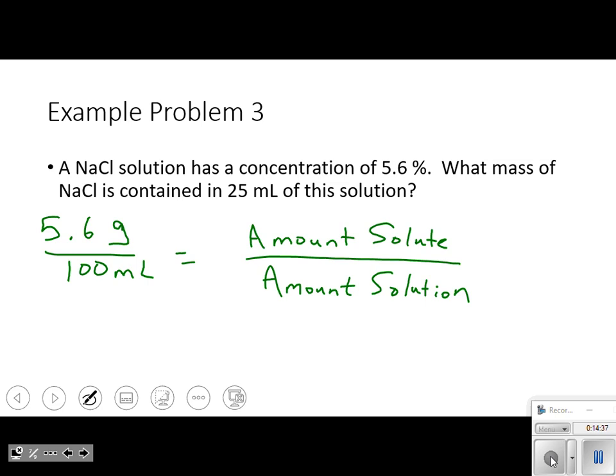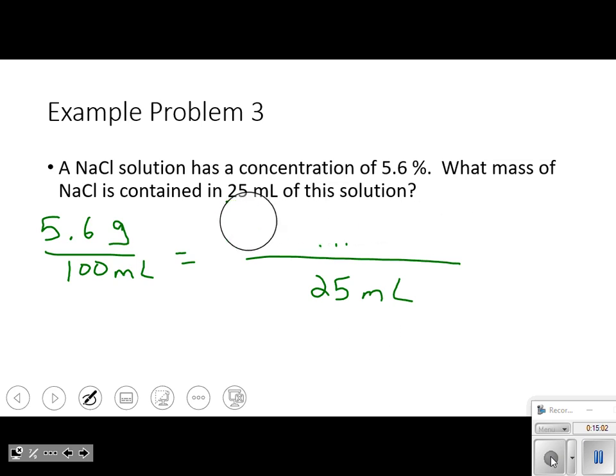I have 25 milliliters of solution, right? So I can replace that by my 25 mLs. I'm making sure that my labels are the same. So my labels are the same. So my amount of solute is my unknown.